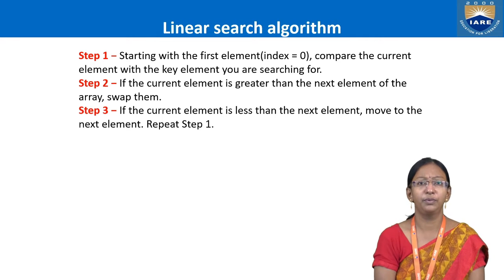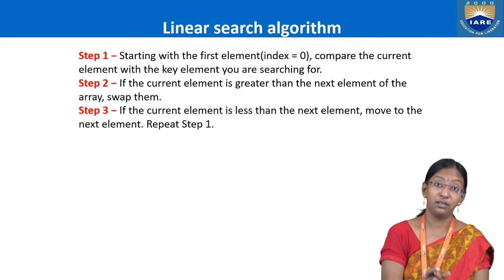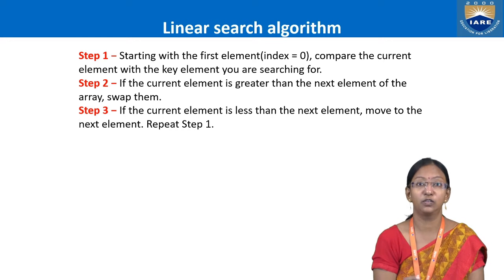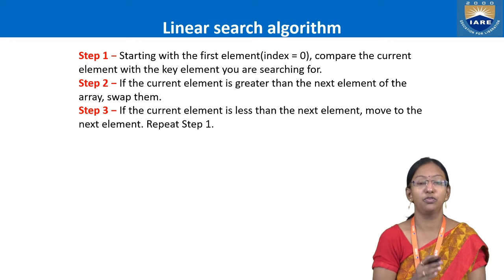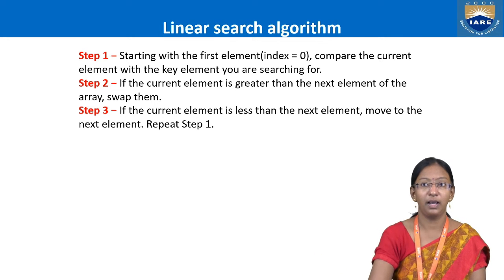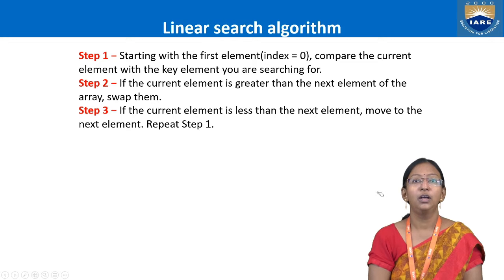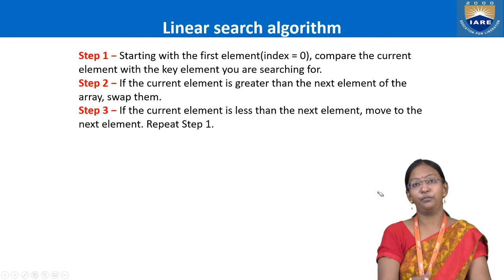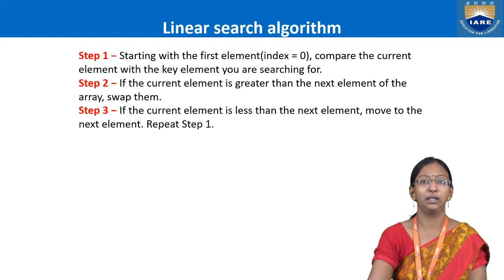You know that when we store data in contiguous memory locations, the system internally gives them index values starting from 0, then 1, 2, 3, and so on to n minus 1, if there are n number of elements in your list. So first of all, point to the first element and compare it with your key element.